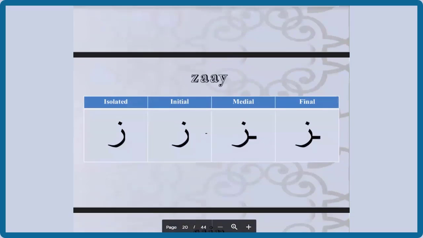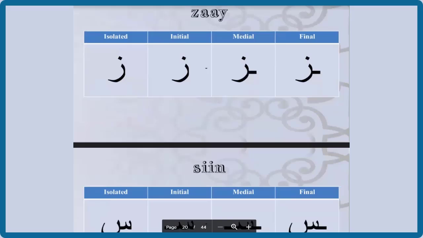Then Za, which has a buzzing sound. It's just like Raw, and it has a dot on top of it. You can easily recognize Za because the initial, medial, and final are just like its isolated form, right?